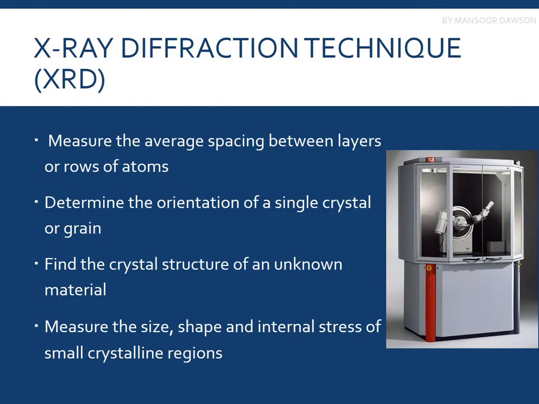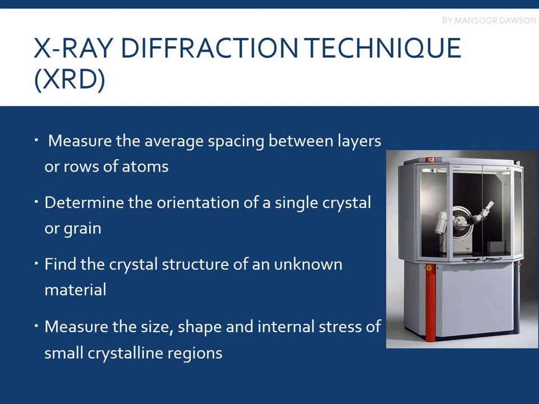So how do we measure these Miller indices? Basically, this is an XRD technique in which we use X-ray diffraction to identify the planes, and with that we can calculate the compound which is formed.